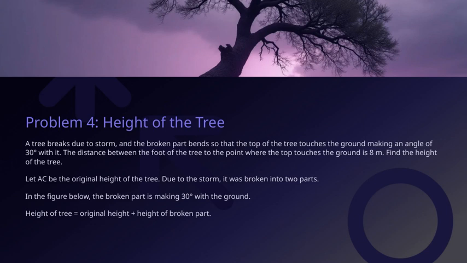So, as we work through this problem, keep in mind how the broken part and the ground form a right triangle, and how the given angle and distance help us determine the lengths of the segments involved. This is a great example of applying trigonometry to real-world problems, connecting the geometric concepts to tangible situations like a fallen tree.